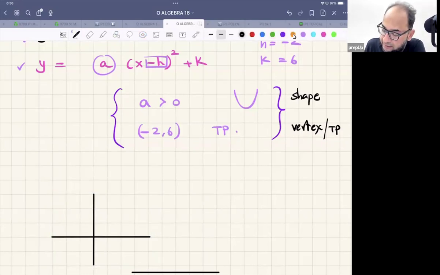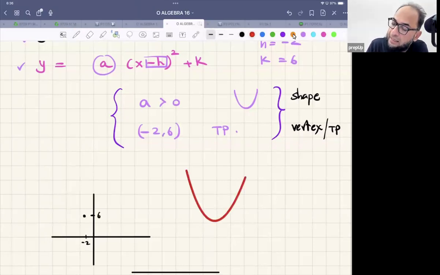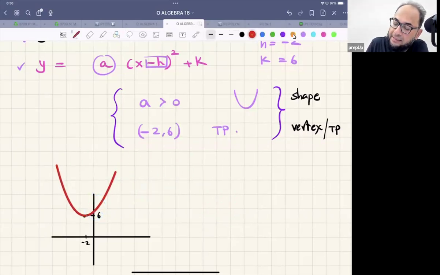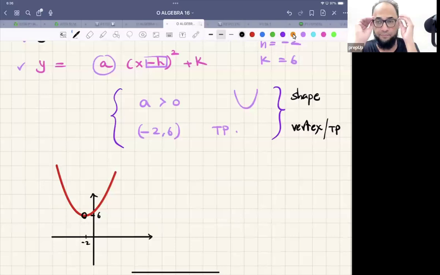So let's say this is negative 2, this is positive 6. That's the point over here. And the shape is like this. So let me draw the shape like this. And let me grab this thing, place it over here. And that's how the graph is drawn. That is the lowest point through which the curve is passing. And that's how a sketch is made.